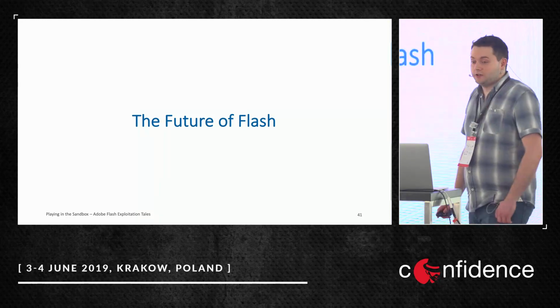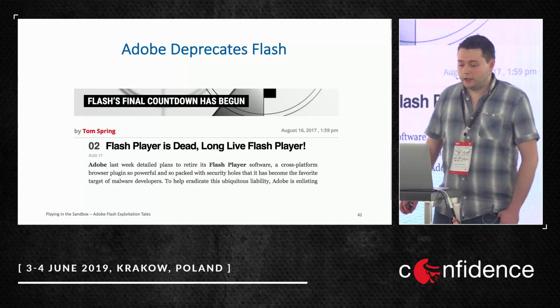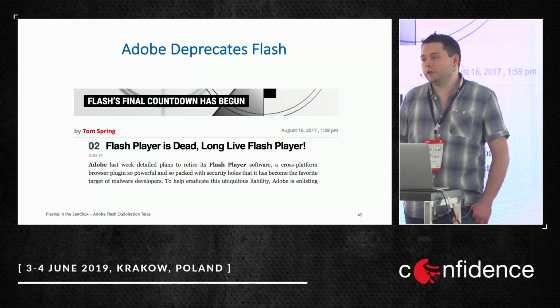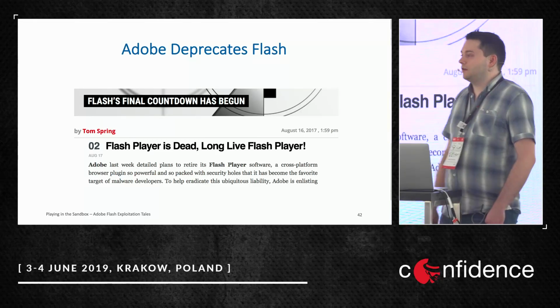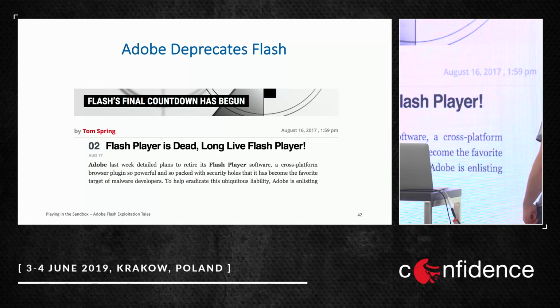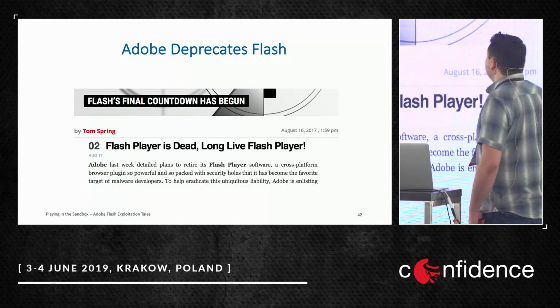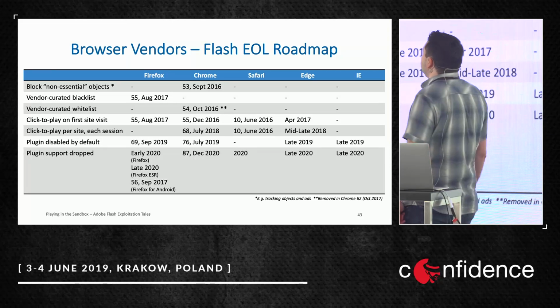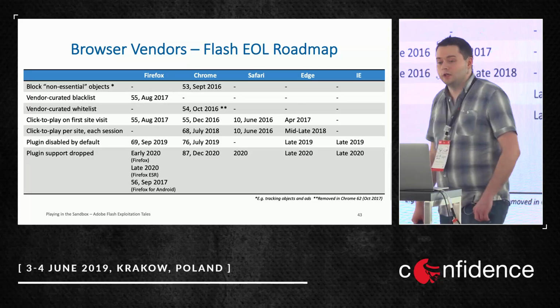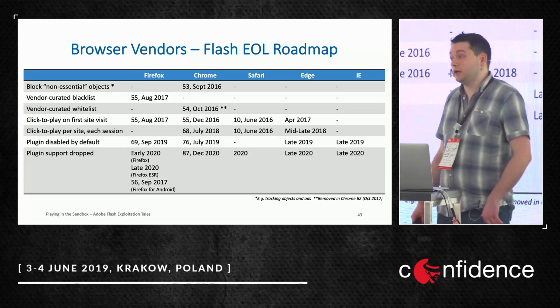So, the future of Flash. I'm sure you've all seen the announcement back in August 2017 that Adobe is going to deprecate Flash by 2020. So I figured it was a good idea to have a look at what the industry is doing to deprecate it.